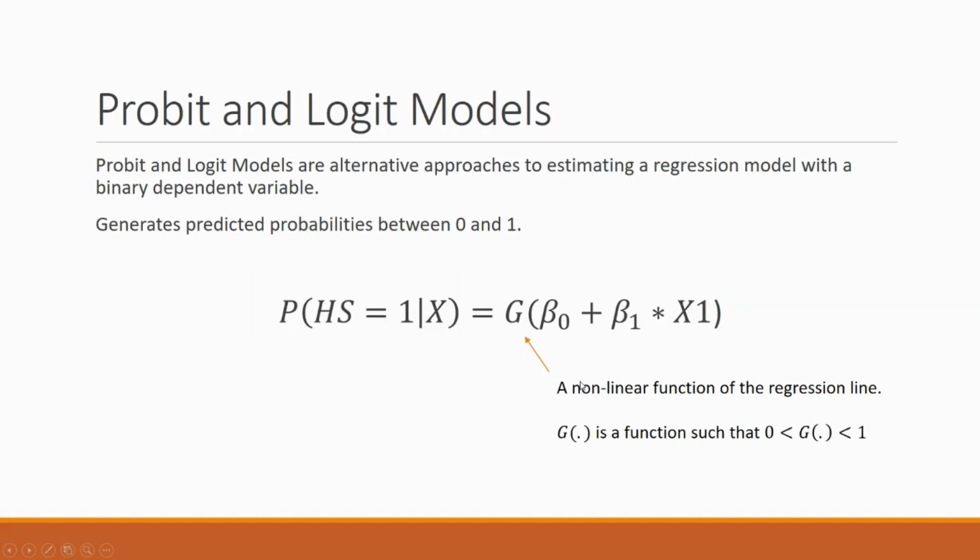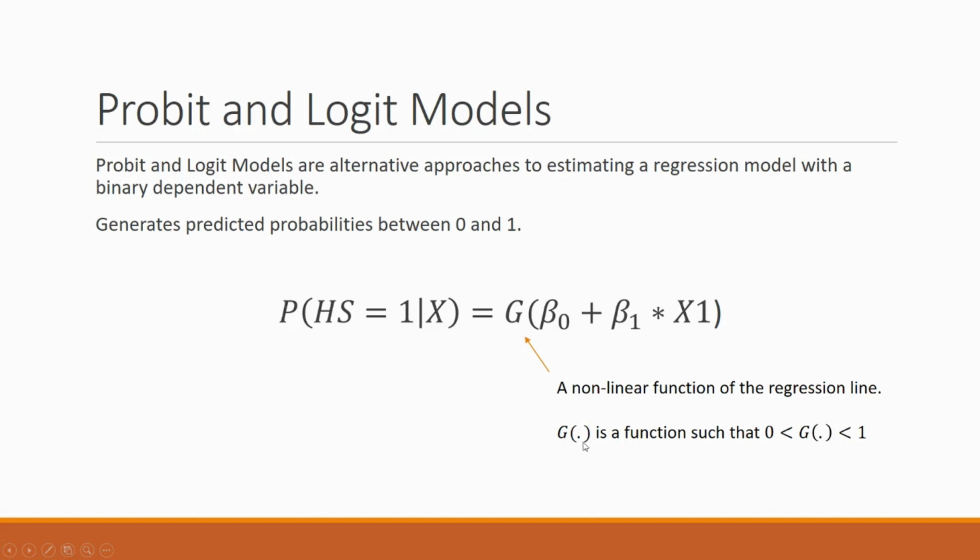For the Probit and Logit models, we're actually assuming something different. We are assuming that the probability that the dependent variable will equal 1 is equal to a non-linear function of the regression line. So we have the same regression line here, but we're saying that the probability that the dependent variable equals 1 is equal to some nonlinear function of the regression line. So now it's not a straight line anymore.